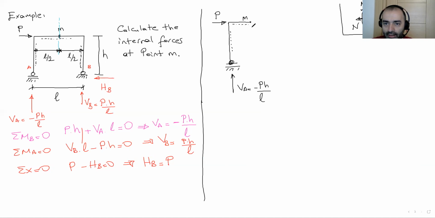Now I cut the system from here. Which side am I going to use at this point? The left side or the right side?